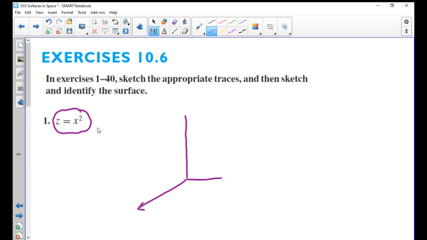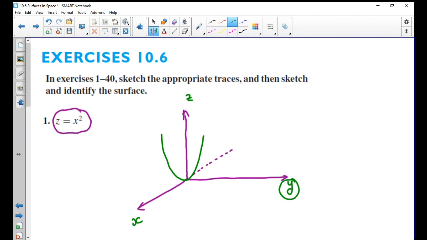Not always easy to see how things work. So first, you graph in the plane x, z. It's going to be a parabola like this. And then imagine sliding this parabola along the y-axis.